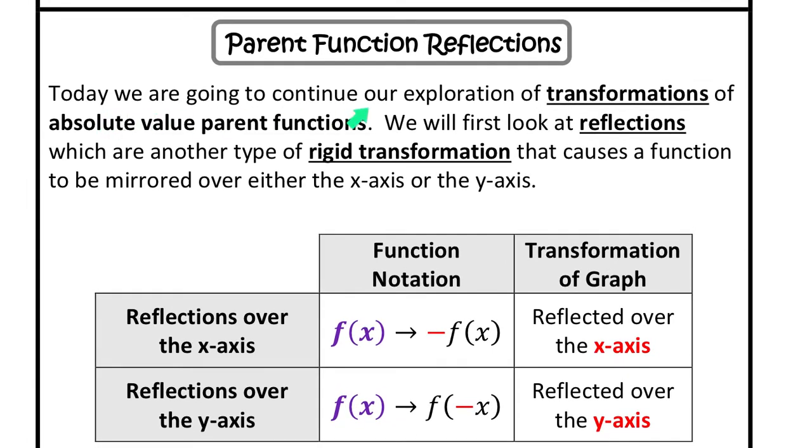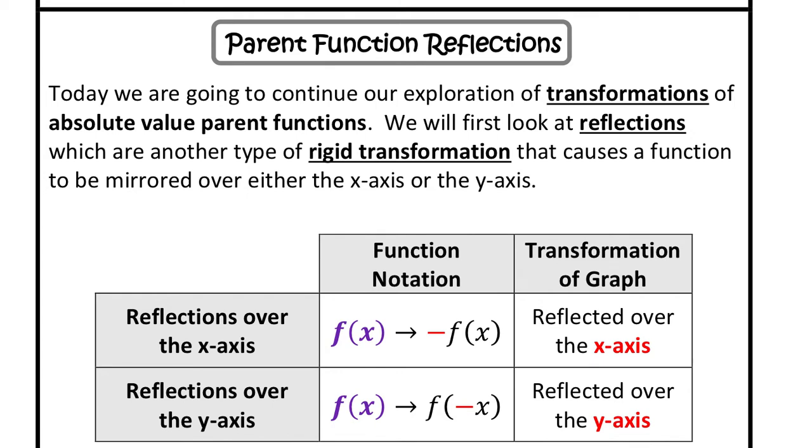Today we're going to continue our exploration of transformations. Remember last class we talked about translations, translating to the left and the right, and then translating up and down. So now we're going to focus on reflections, and later on in the notes we're going to look at non-rigid transformations.